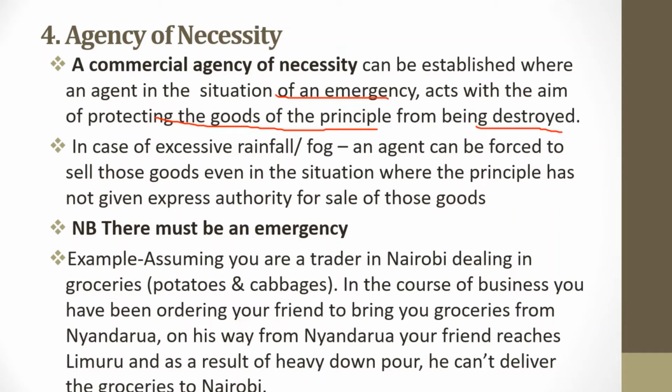So what comes into the picture is a commercial agency of necessity. Also, the point of emphasis for this commercial agency of necessity is that there must be an emergency in the picture. Now, as you can see, I've given you another illustration that you can read so that you understand what a commercial agency of necessity entails.